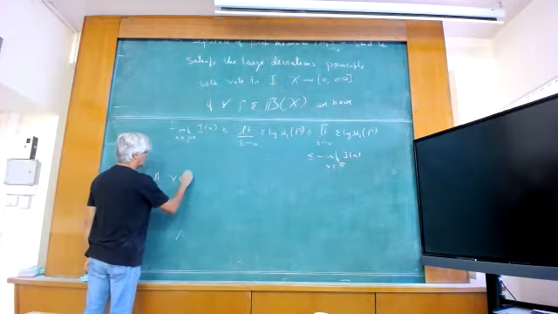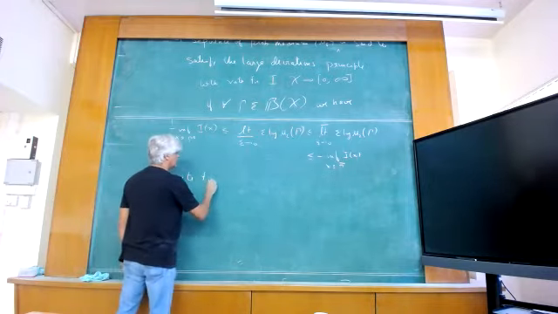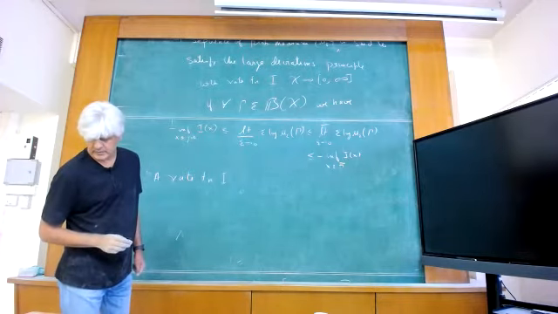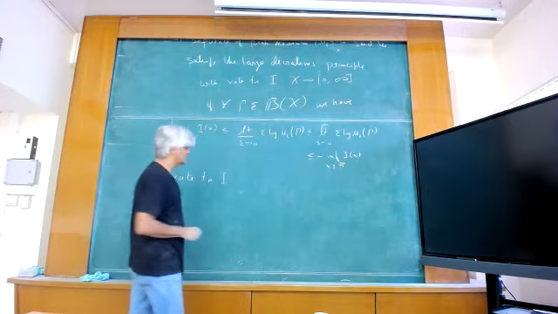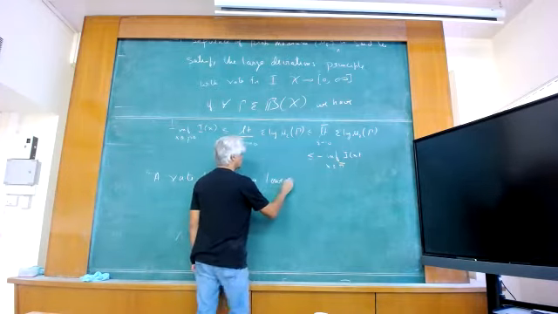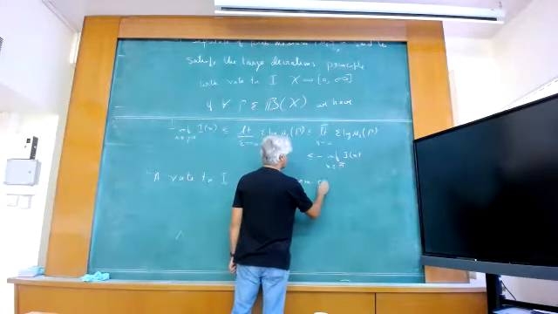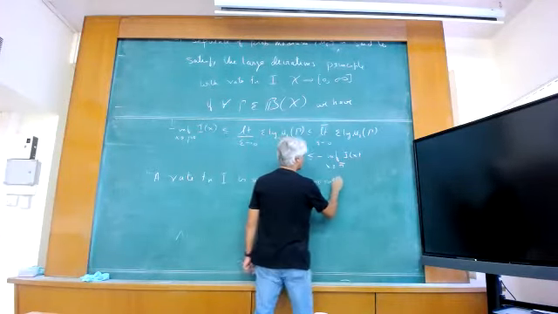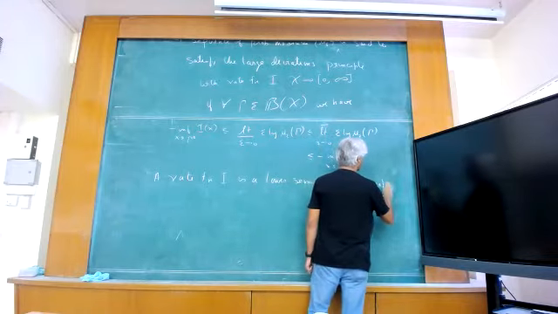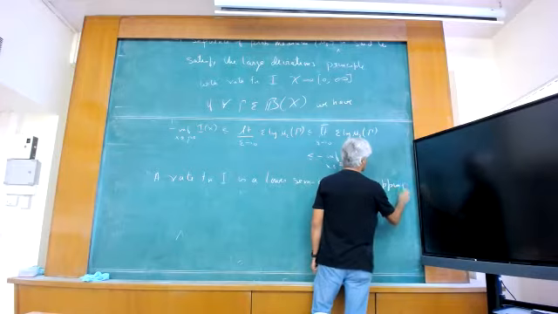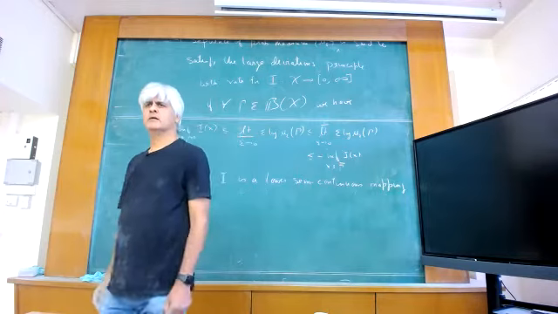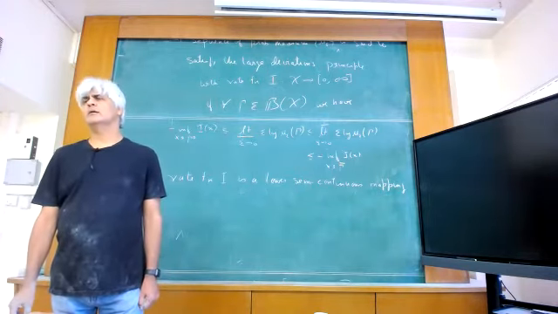A rate function I is lower semi-continuous. You know what I mean by a lower semi-continuous function, right? The lower limit exists.